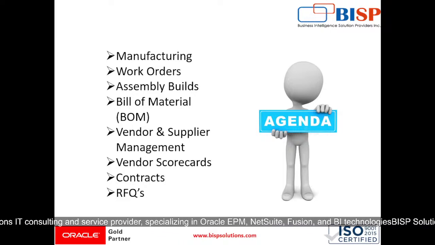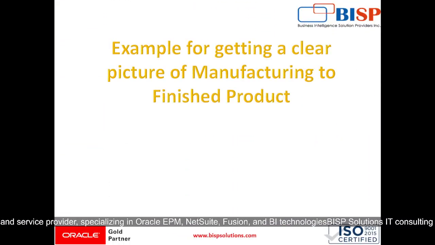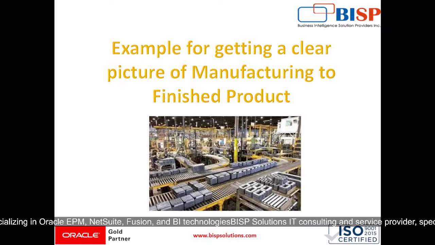So let's take an example for getting a clear picture of manufacturing to finished products. Let's suppose there's a company called Laville Inc. So meet Ashish, a manufacturing manager working at Laville Inc., a company that produces electronic gadgets.